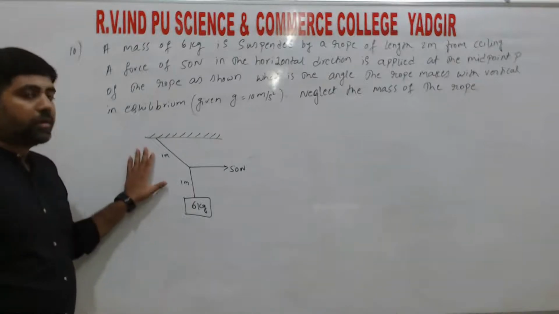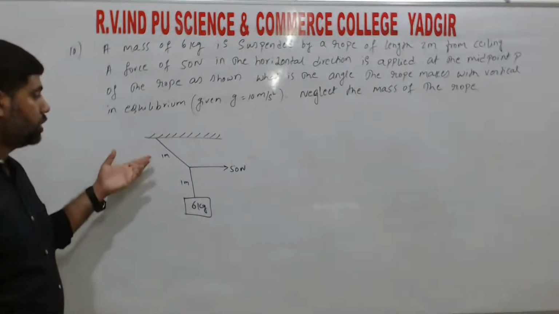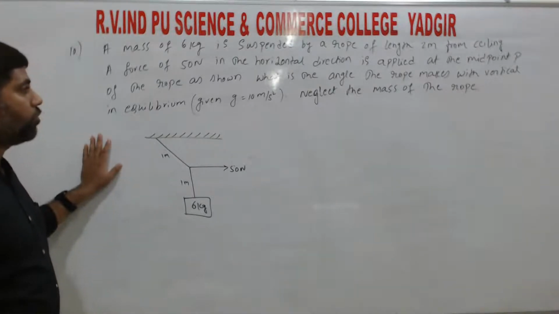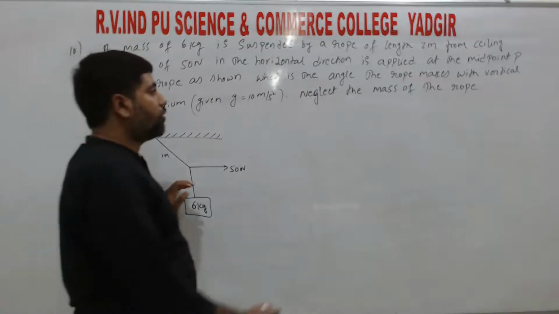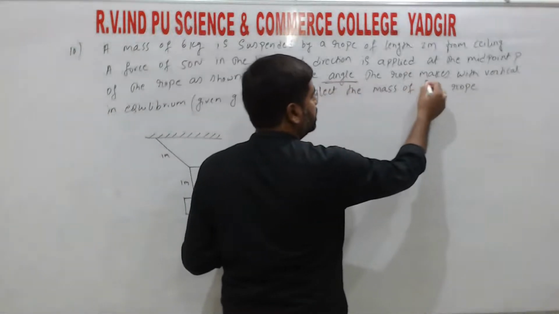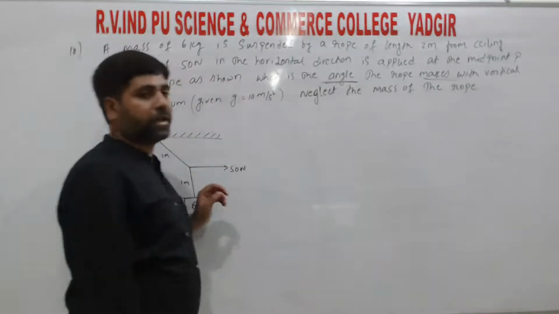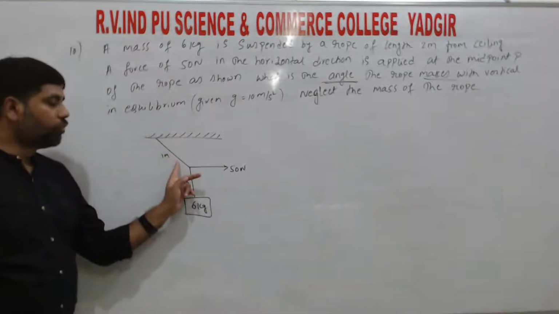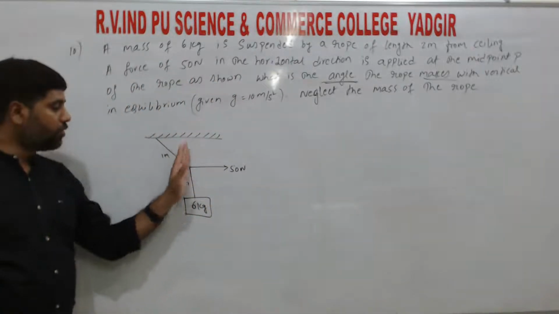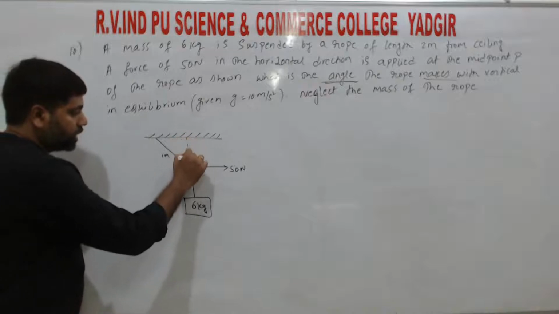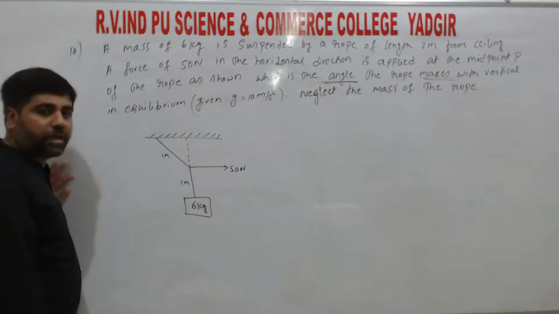So this is the given diagram, given in the textbook. So what is the angle the rope makes with the vertical? So this is the rope, and we need to find the angle with the vertical. That means if we extend this, this is the vertical, right?